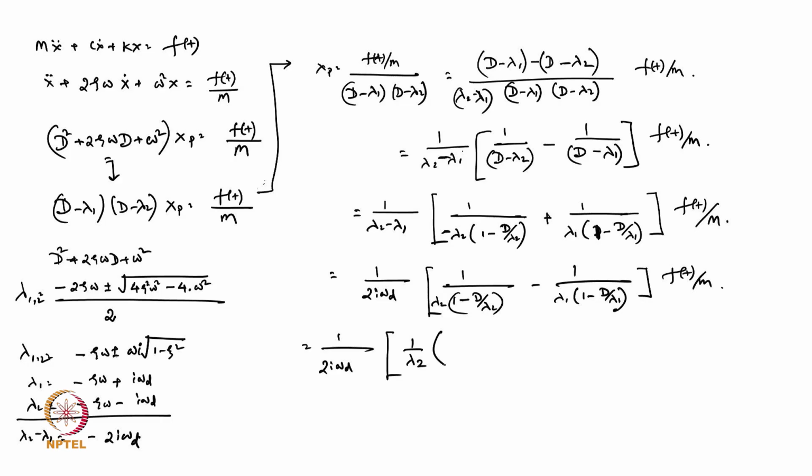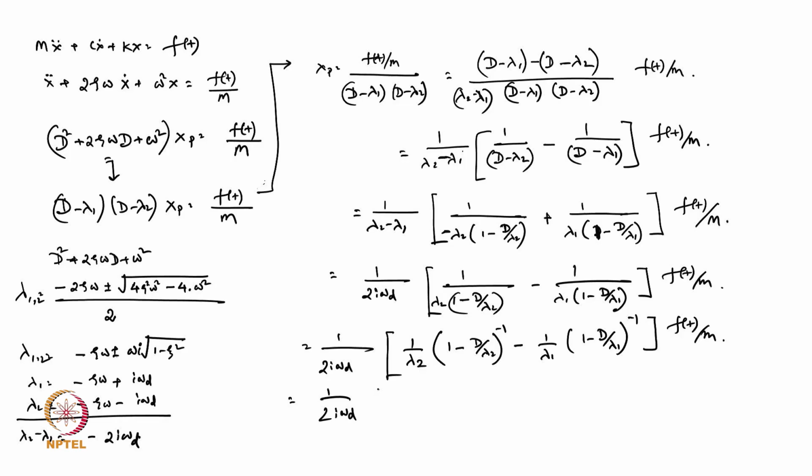So now I can do the binomial expansion. So I can rewrite it this way: minus 1 by lambda 1 into 1 minus D by lambda 1 whole to the power minus 1, f of t divided by m.